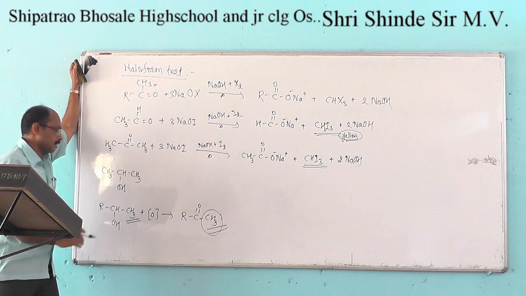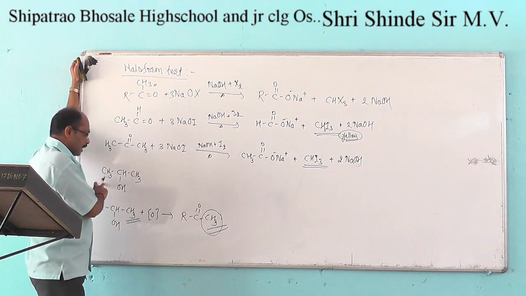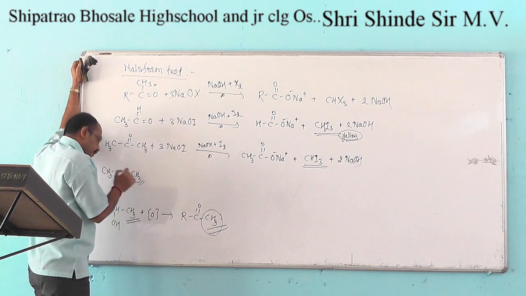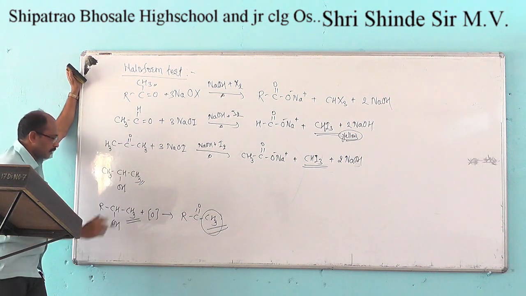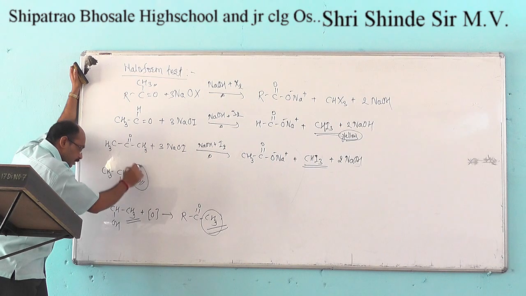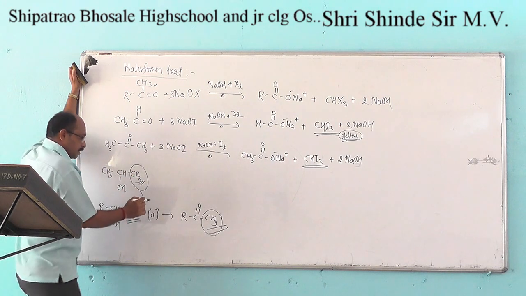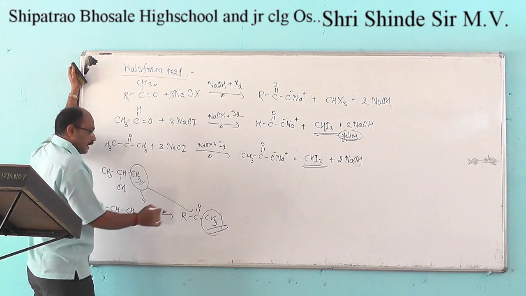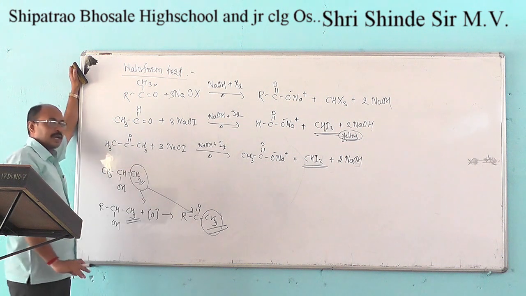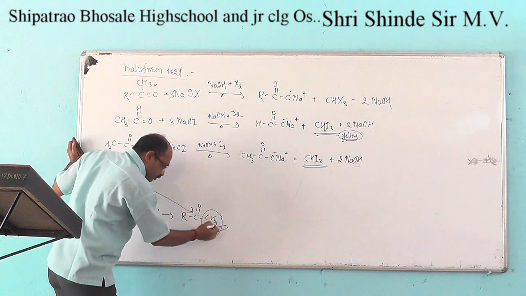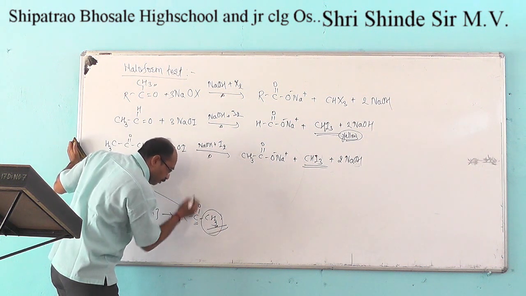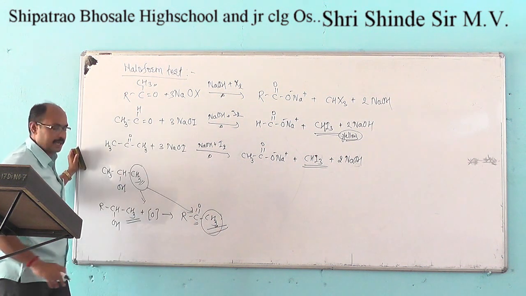So this type of alcohol, which has a methyl group on one side of the carbon, or those alcohols which on oxidation give these types of aldehydes or ketones having at least one methyl group on the carbon, also show this reaction.